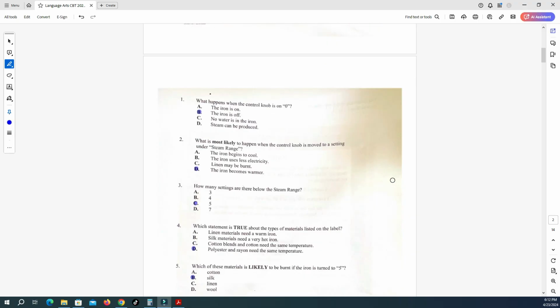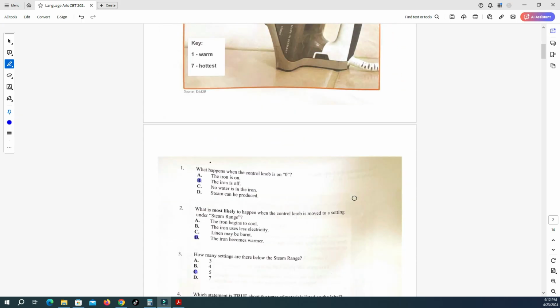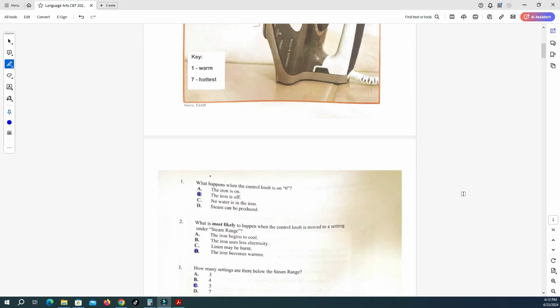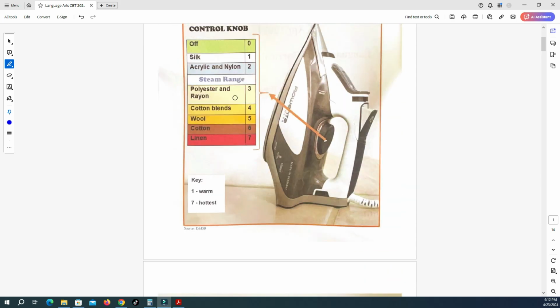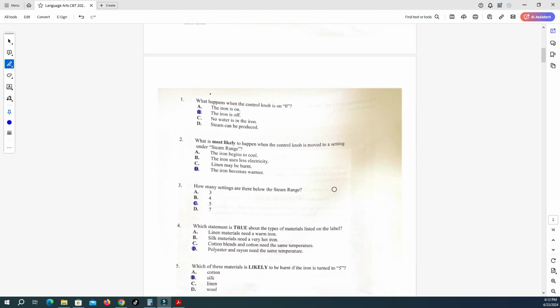What's the other one? Cotton blends and cotton need the same temperature. No, that's not true. Cotton needs 6, cotton blends need 4. And the last one, polyester and rayon need the same temperature. Polyester and rayon right here, so that's 3. So that is correct, and that's what I chose.